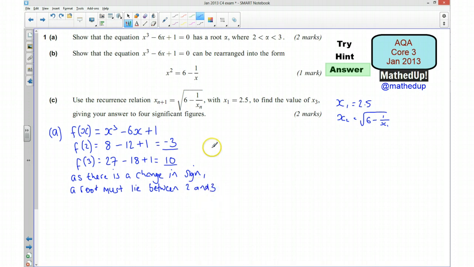And there you go. So that will be both of your marks. Remember, you won't get the other mark unless you make this statement, so make sure you write down what you found.